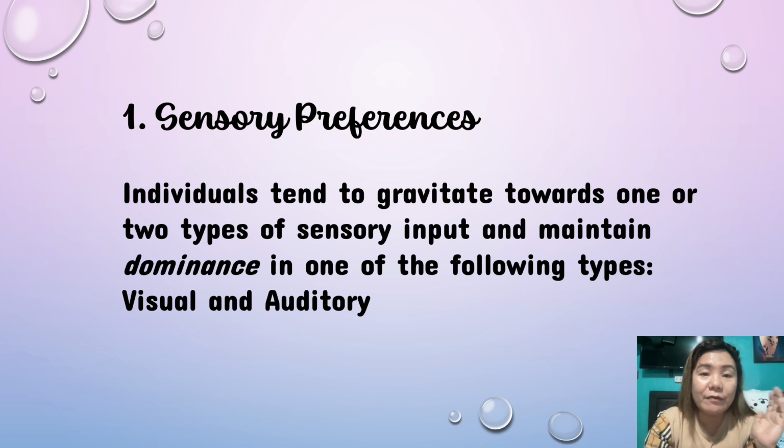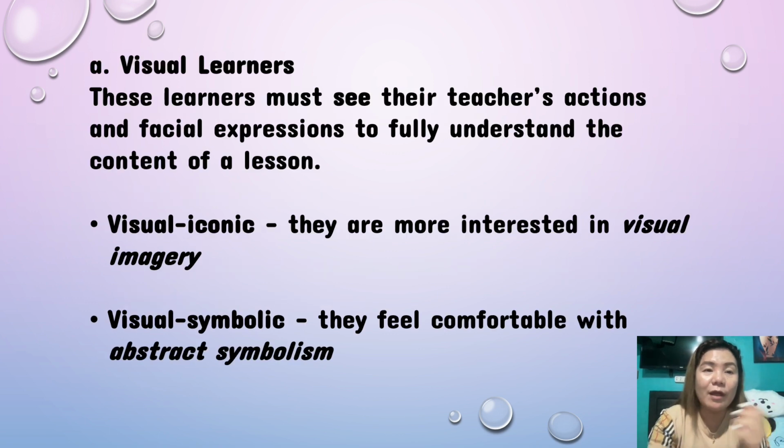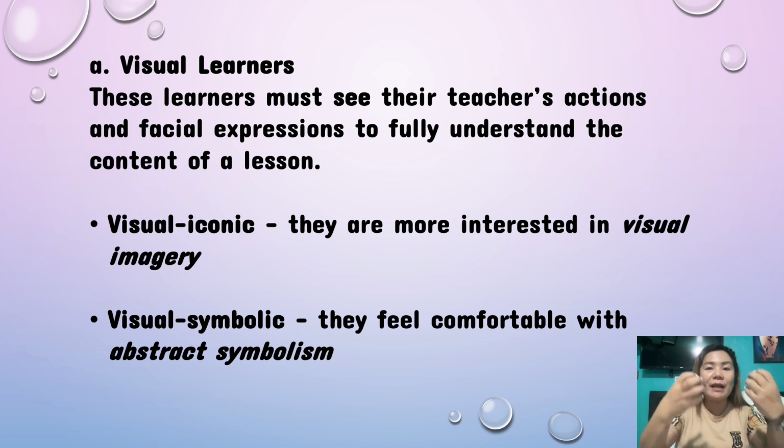Okay, so how are these two different? If we say visual learners, visual learners must see their teacher's action and facial expressions to fully understand the content of the lesson. Yung nakatingin sila sa teacher. They use their visuals in order to understand the lesson, to absorb the lesson, to process the information.